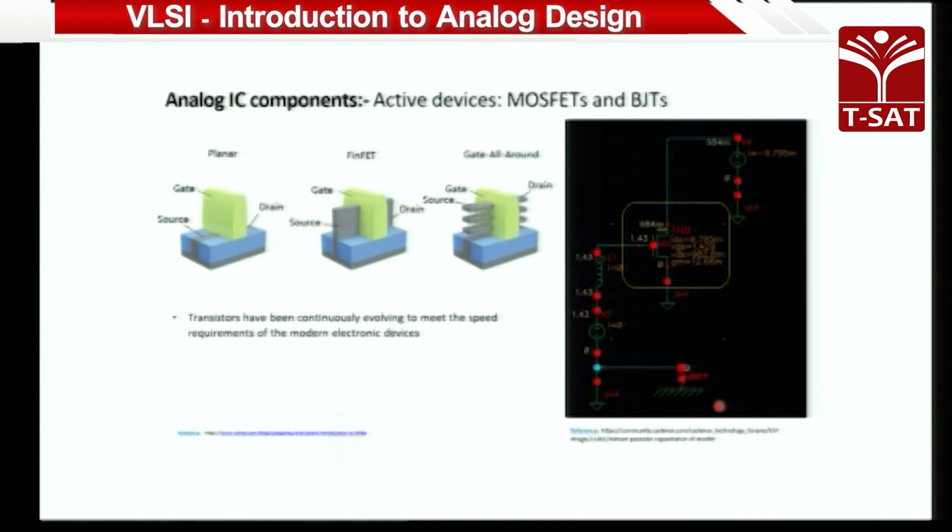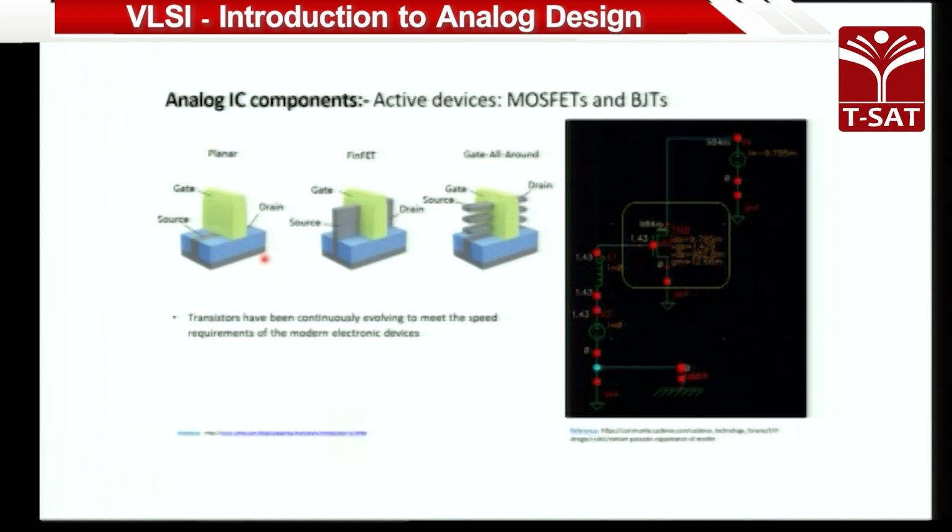There are multiple structures like planar, FinFET, gate all around. Imagine this as a switch, where the current passes from left to right and the gate turns it on and off. This device is the building block.